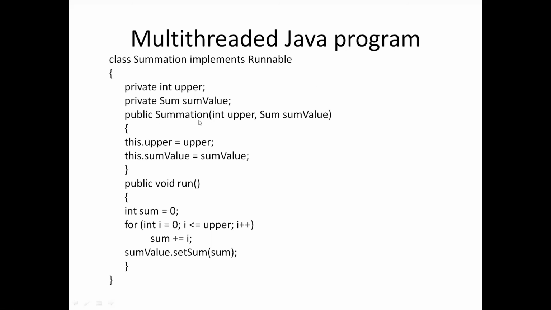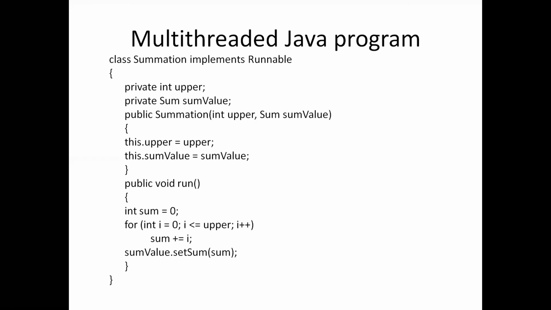And here we have a public Summation method. For that we have two parameters, that is upper and sumValue. Here sumValue is nothing but an object of type Sum class.